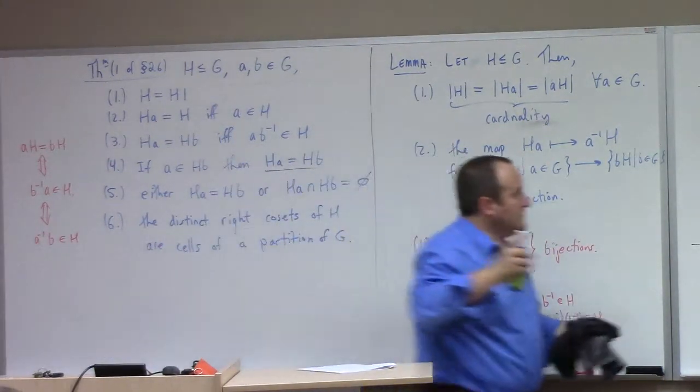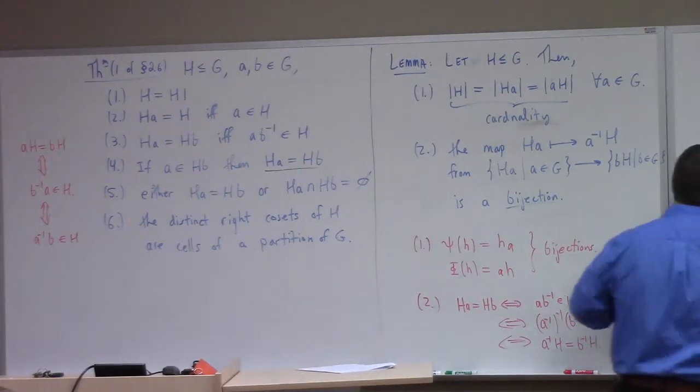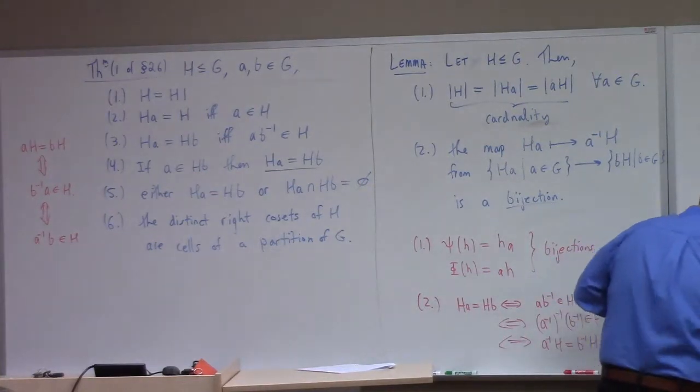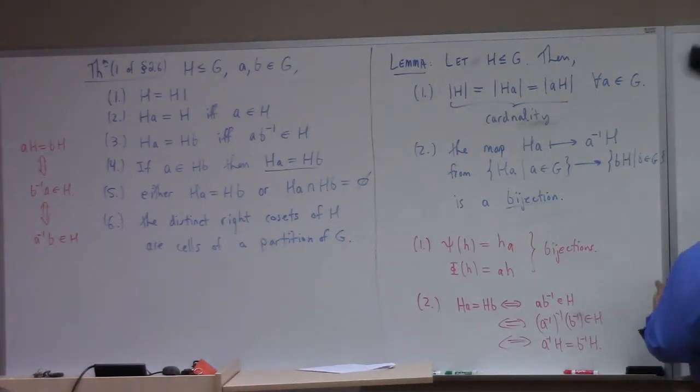That brings us to the concept of an index. What's an index? The index of H in G is the number of cosets, possibly infinite, of H in G. So, for example, the index of H here would be what?